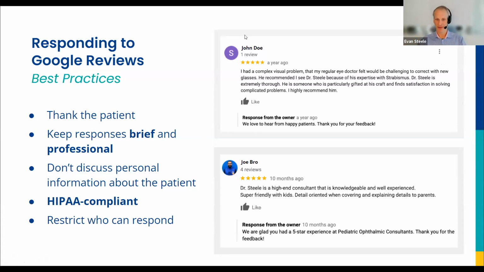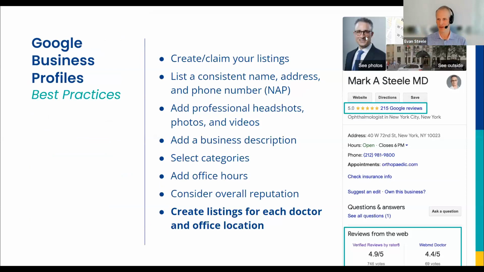I got a question from Donna. How do you get Google to update your photo? They currently have an old photo. Donna, if you own the listing, this is the first thing, you've got to claim and own the listing. Then you can start changing the listing, and there's a little button you could press to upload a photo.